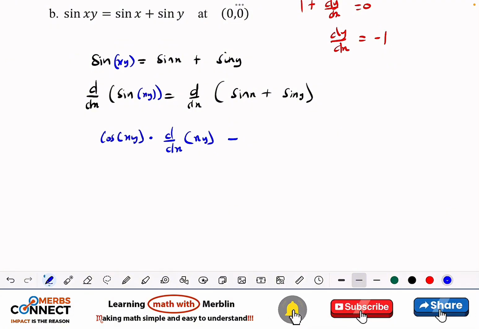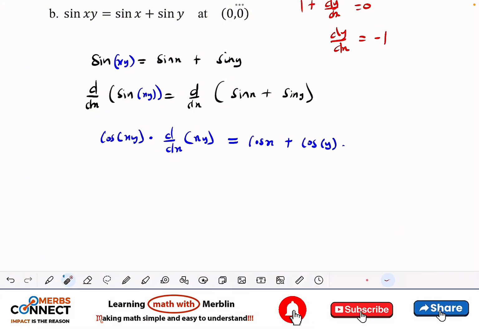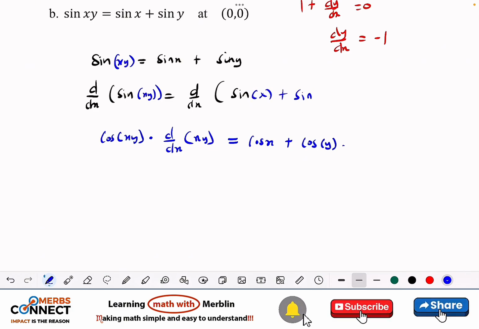And this is equal to, now I need to differentiate sine x with respect to x, and I'm going to just get cos x plus, now I need to differentiate sine y with respect to x. When I differentiate sine, I get cos y. But when I'm done, I need to differentiate y. So let me put this one into parentheses again. So let me just be putting everything into parentheses so that I'll show you what I'm trying to say here.